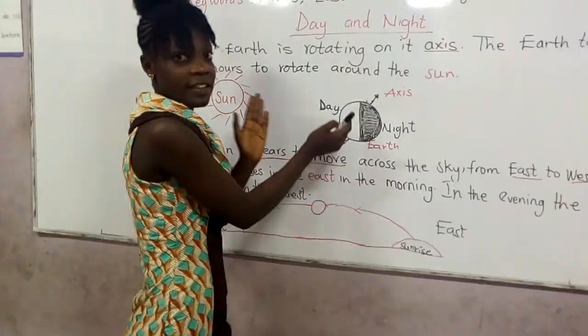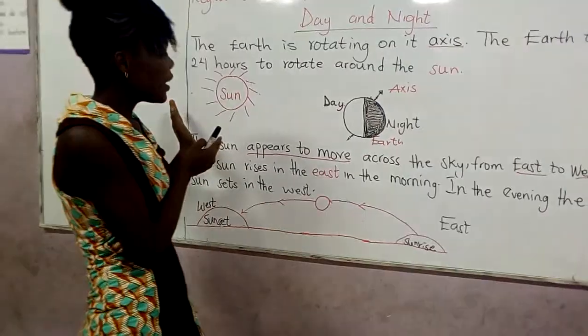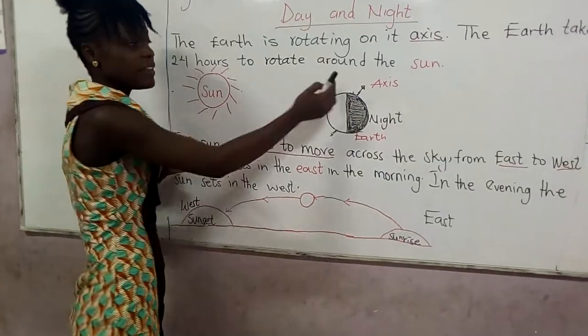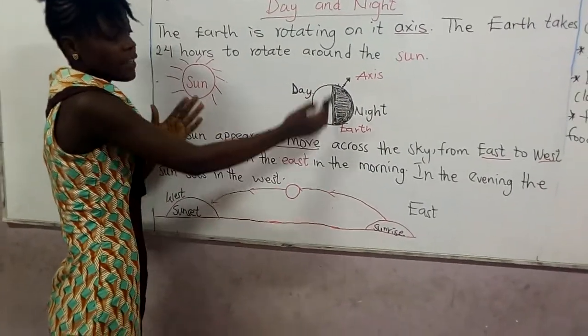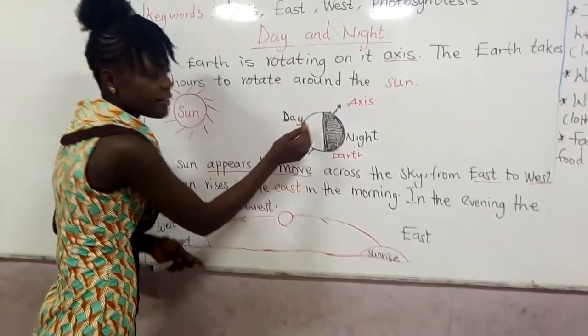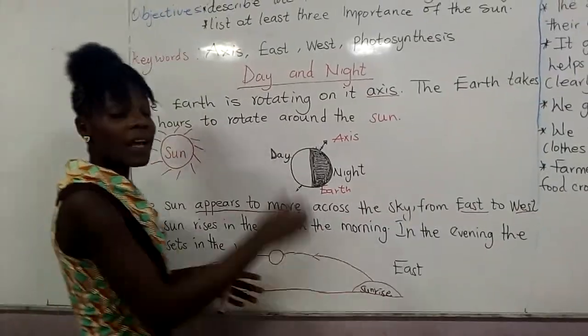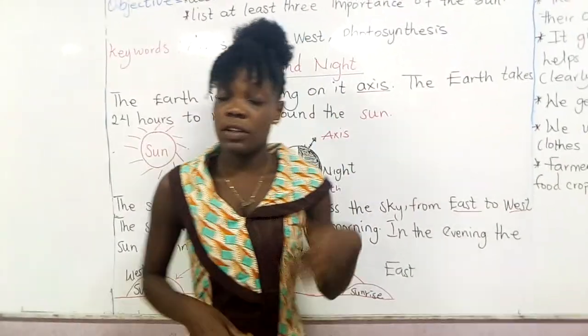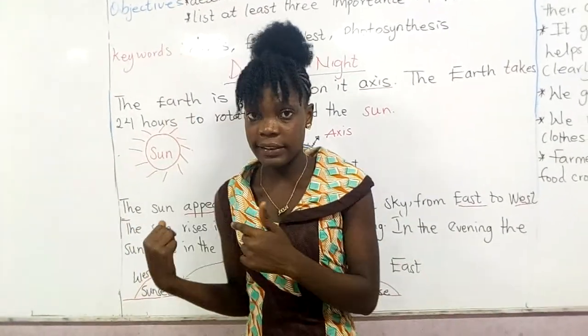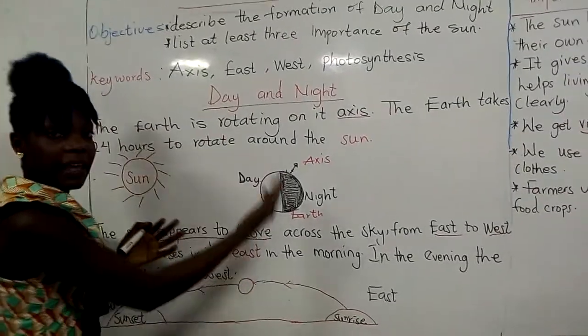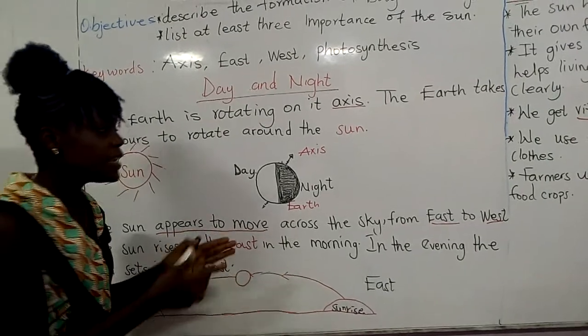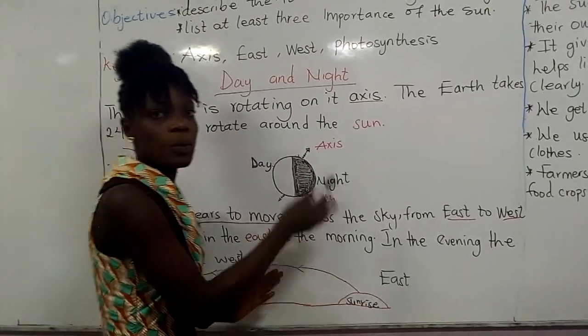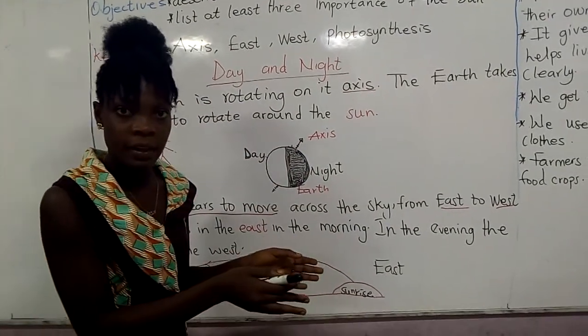You can see that this part is facing the sun, so the sun gives this part of the earth light. So this place is having daytime. And the part that does not face the light, the one that is away from the sun, gets darkness. So that place will be having nighttime.